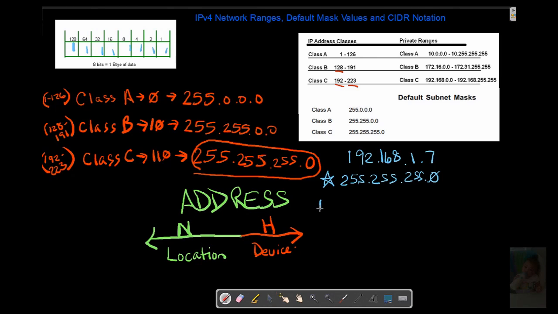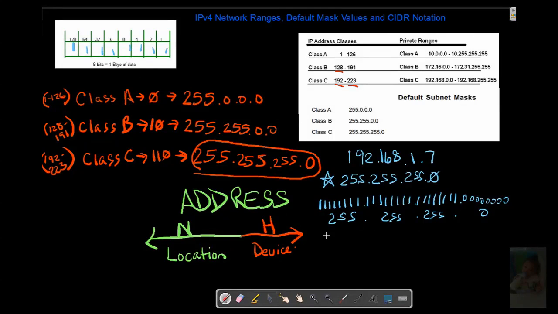So that means that this value becomes this right here. This guy equals 255. This guy equals 255. This guy equals 255. This guy equals 0.